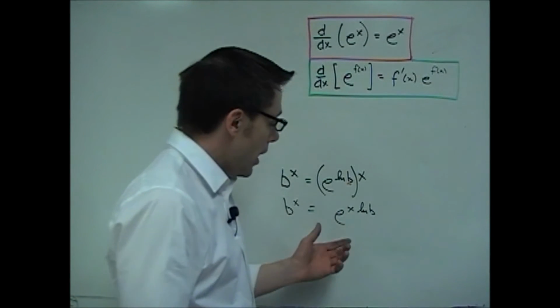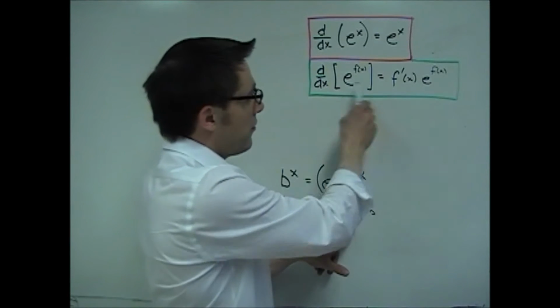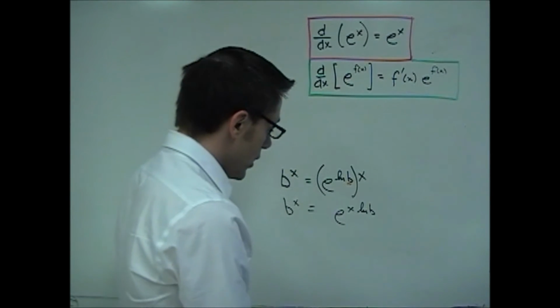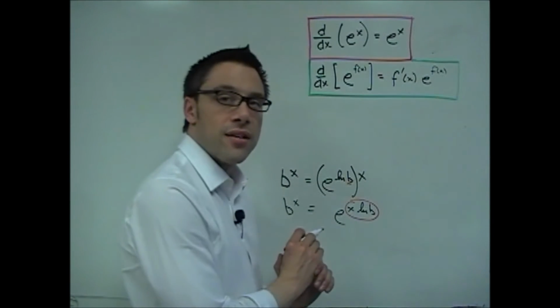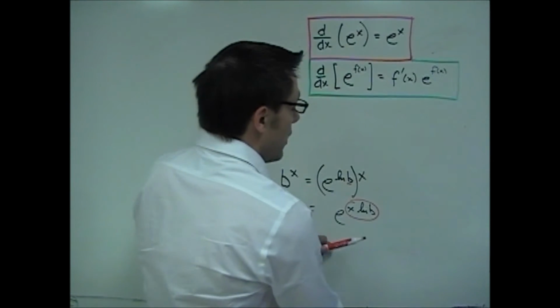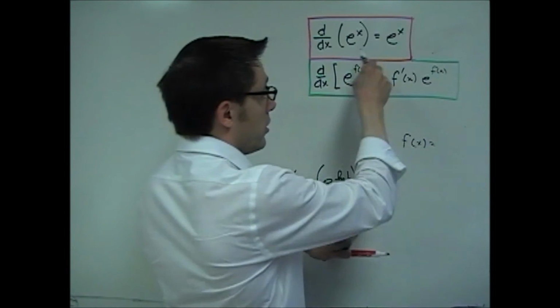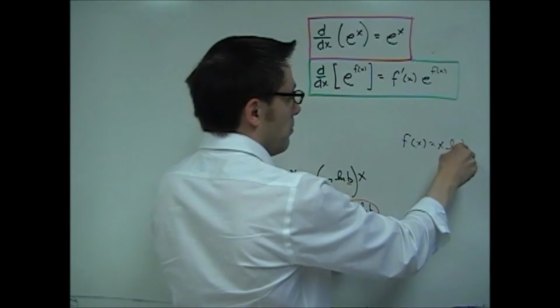So first of all, let's think about this for a second. Remember that we want to use the chain rule here. I'm going to use the stuff that's written in the green box. What do I have here? I have e to the function of x, right? That's a function of x, not just x itself. So if I identify that as my f of x, the f of x here, according to this little box, is going to be x log b.